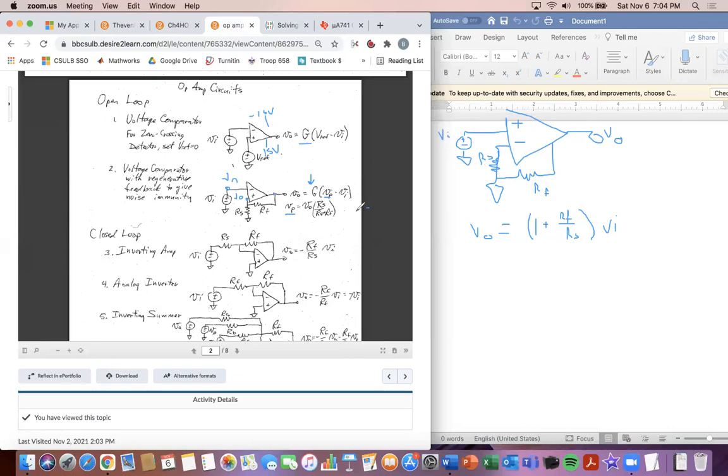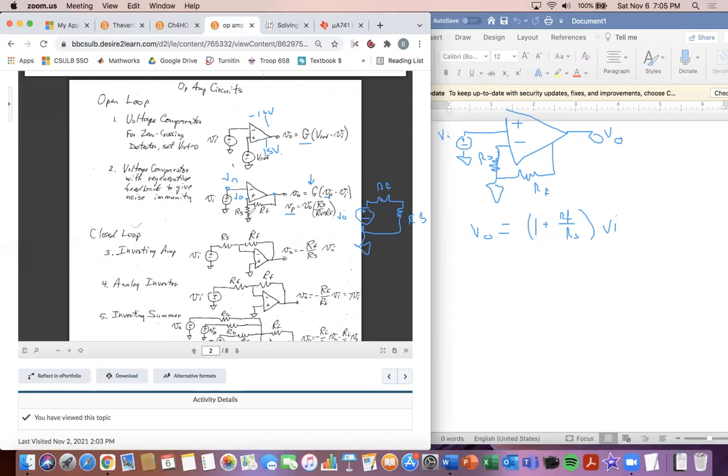So I'm going to redraw the circuit. V out looks something like this, and then you have RF, and then you have RS, and then you have it hooked here, and that's hooked to ground. So they just wanted to show you that you can find the value of VP, because VP is at the same potential as RS.